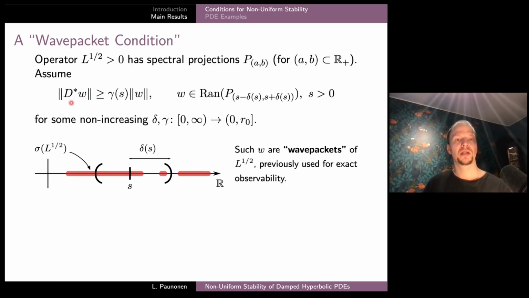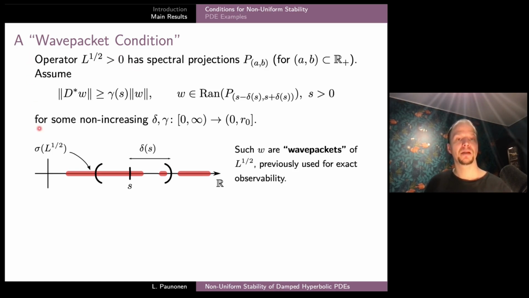And then we indeed restrict our adjoint of D onto this corresponding spectral subspace, and we test whether or not this operator or its restriction is lower bounded with a bound gamma, again something that's allowed to depend on the point S. And if this is satisfied for all S, then we say that the operators L and D satisfy this so-called Wavepacket condition.